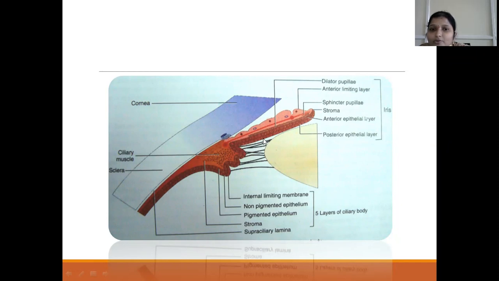This part is the posterior chamber, and the posterior aspect of the iris forms the base. Coming to the inner side, it is divided into two parts. The anterior part is the pars plicata. Here you can see finger-like projections. Those are called ciliary processes, and that is pars plicata. And the posterior smooth part is called pars plana.